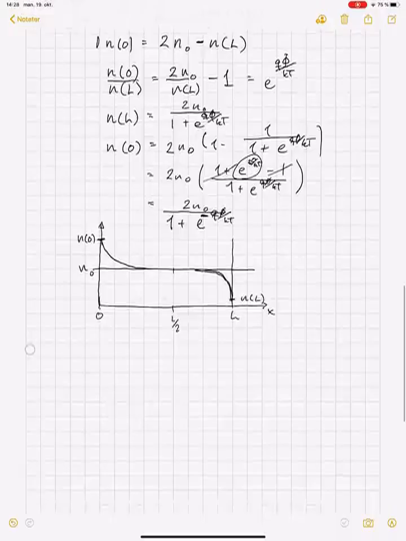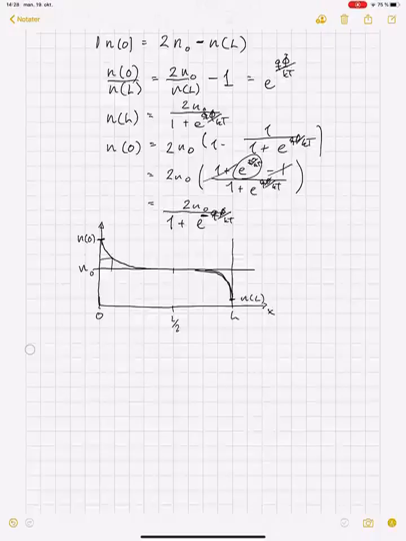And we see that the width of this decay is related to the relation between the electrical field and the thermal energy.